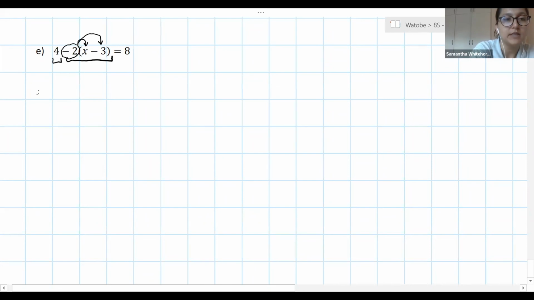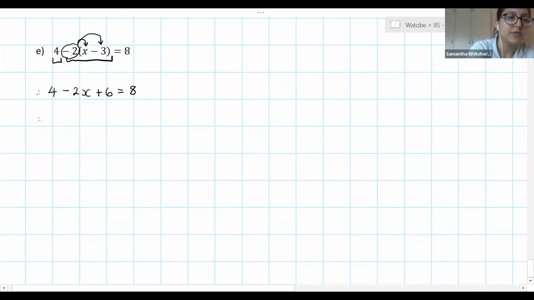What that means is the 4 is going to stay there for now. I'll deal with it in a second. -2 times x is -2x, and -2 times -3 is then +6, which means we get 4 minus 2x plus 6 is equal to 8.